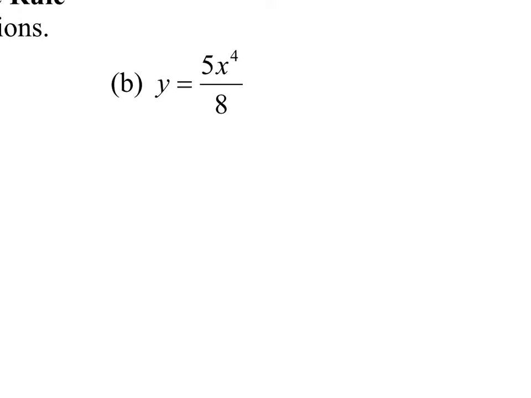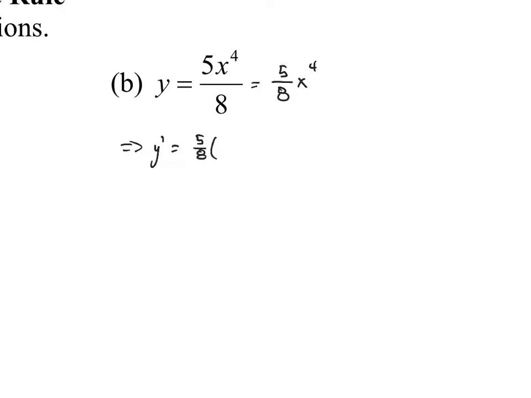Let's look at the next one, 5x to the fourth all over 8. Yes, technically that is a quotient, but like we saw in the previous section, we could use this as a constant multiple. This is really 5/8 times x to the fourth. So finding the derivative with the quotient rule, low d high minus high d low over what's below squared, very difficult. Finding the derivative as a constant multiple, super, super easy.